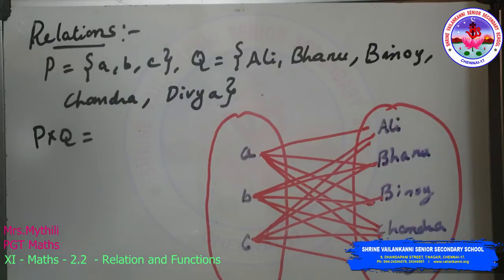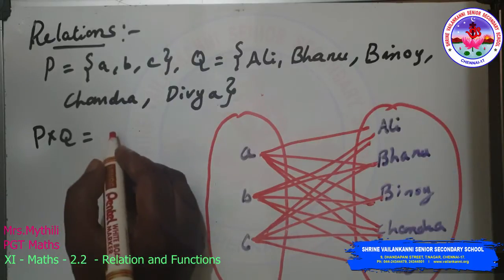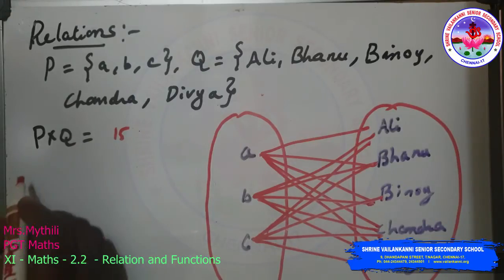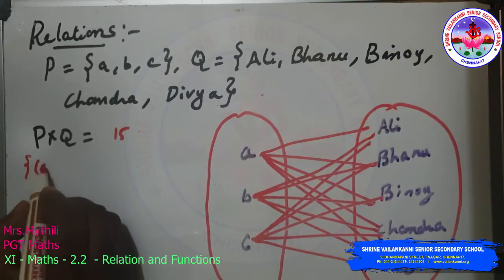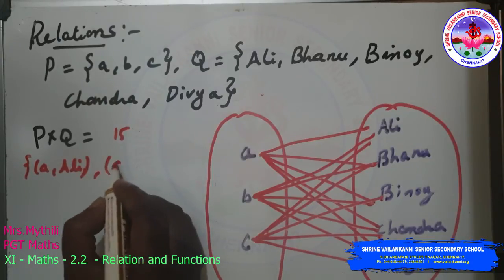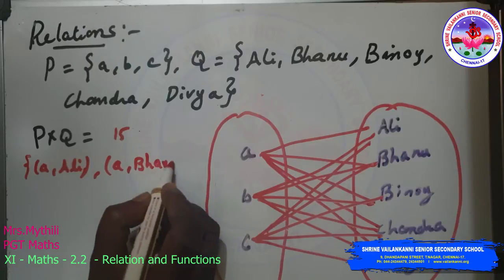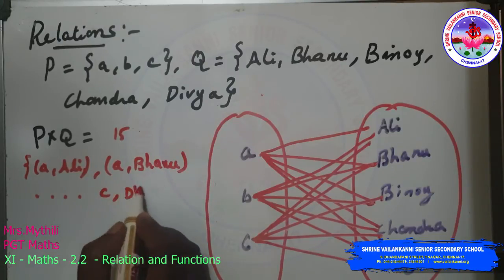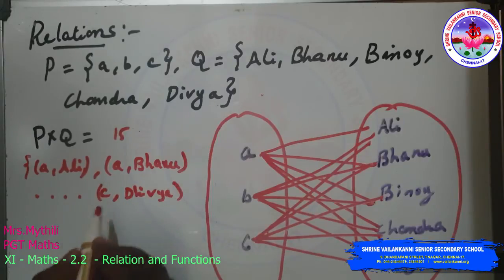So we get 15 ordered pairs in P cross Q. So writing in ordered pair: (A, Ali), (A, Banu), etc. and C till (C, Divya).